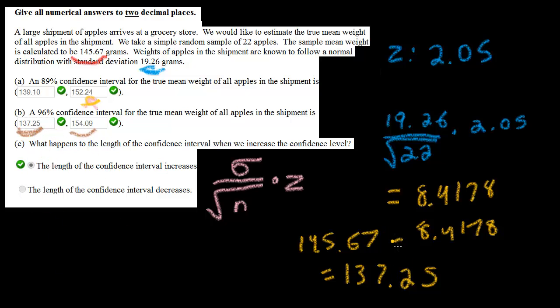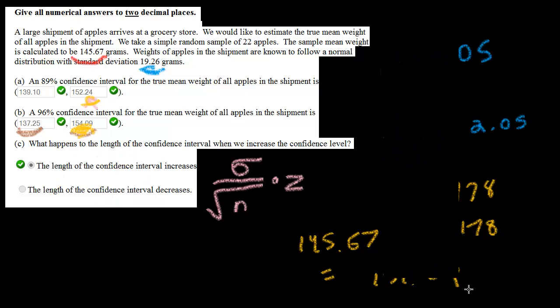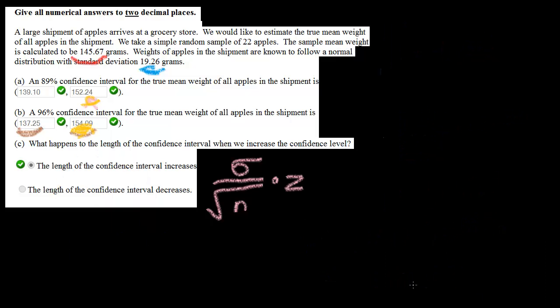Now, just to find the maximum value, we just add it together, and this now gives us 154.08, or rather 154.09 if you just round it off properly, and that is what we have right here. So that's how you would find the confidence interval of question B.